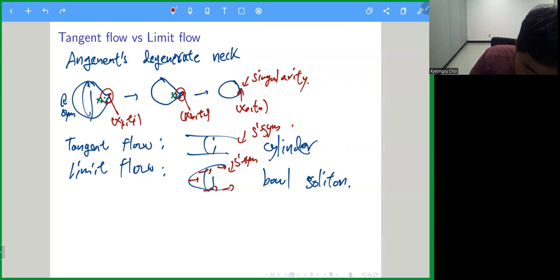So you can see that because the tangent flow is a limit flow, at the same singularity we have multiple limit flows. They depend on the choice of rescaling center and rescaling size t_i.